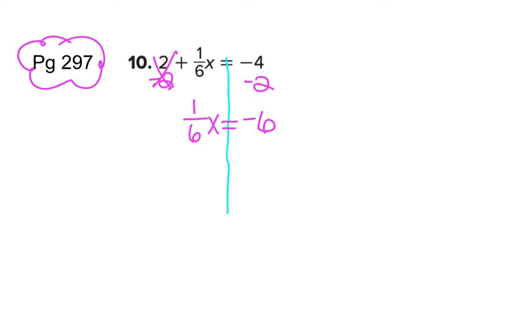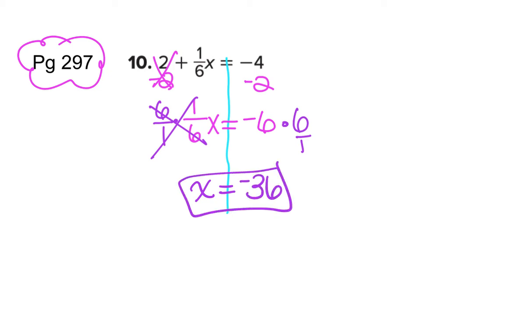So now I could either divide both sides by the coefficient of x, so I could divide both sides by 1/6, or multiply both sides by the reciprocal of that. To cancel it out, that's what I'm going to do. I'm going to multiply by 6 over 1, which we know is just 6. I could have just written 6 there. And then I'm left with x equals -6 times 6, which is -36.